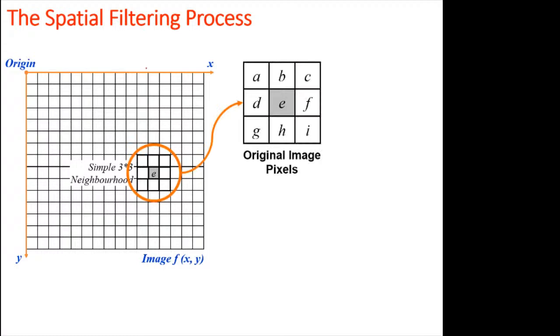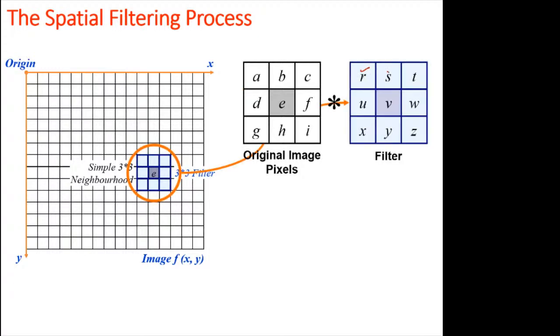Suppose these are the intensities of these pixels, and we are doing something to them. It is not finding the minimum, maximum, or median. Rather, we are supplying values R, S, T, U, V, W, X, Y, Z from our side. This is called the filter mask.